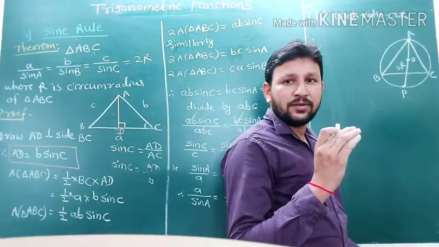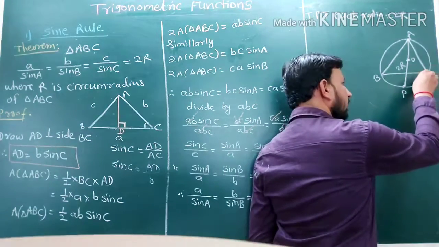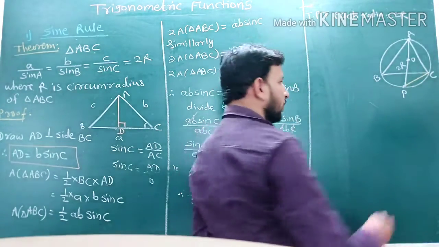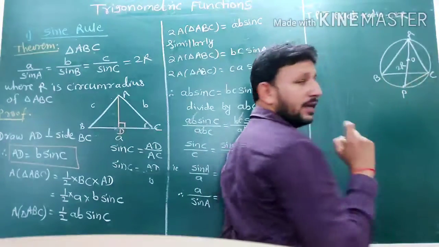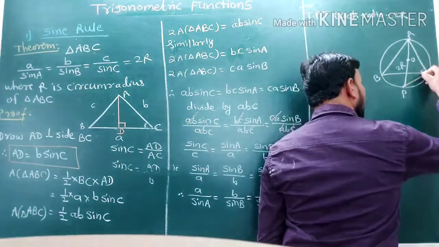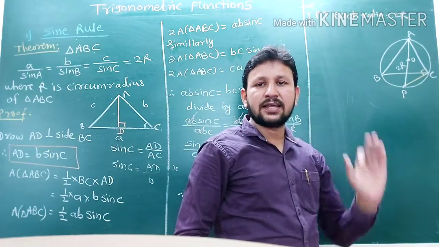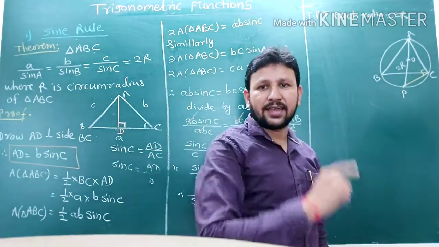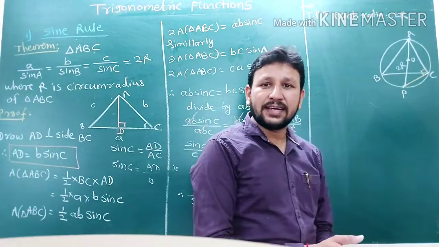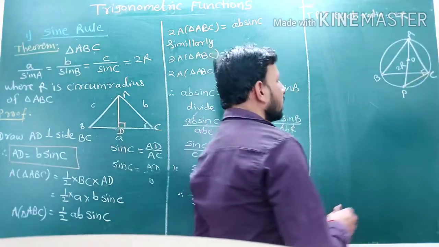Let us join vertex C with the point P. After joining these 2 points, you can observe that triangle ACP becomes a right angle triangle. You have learned that an angle inscribed in a semicircle is a right angle. Hence, angle ACP is a right angle. Then see the next part.